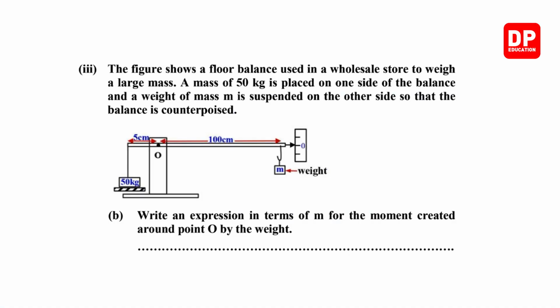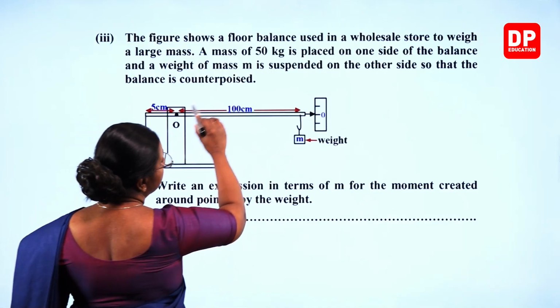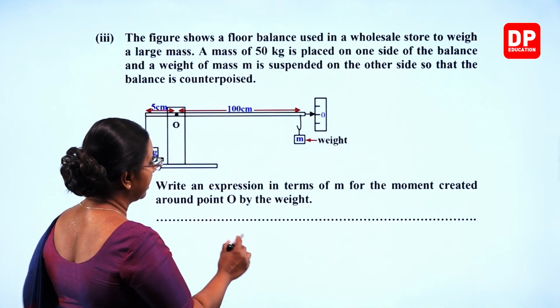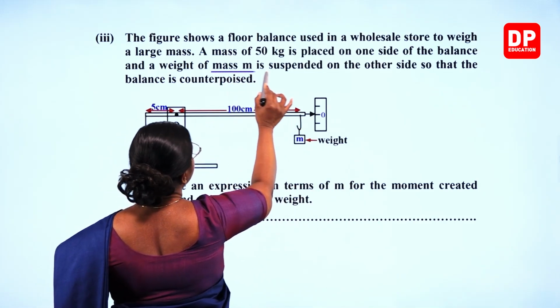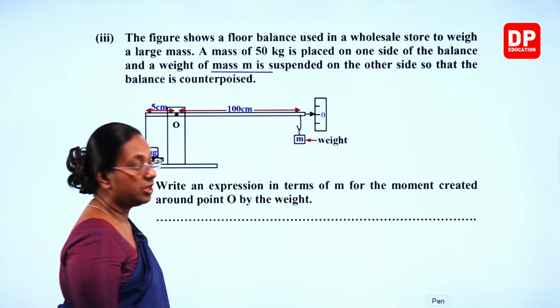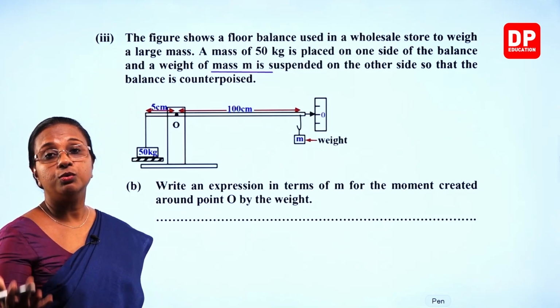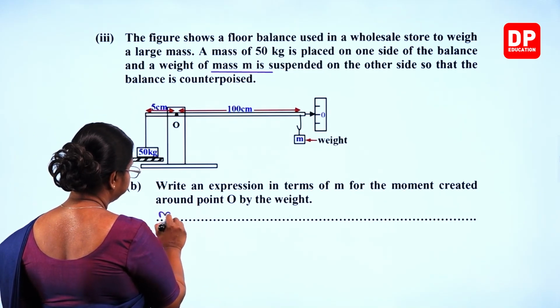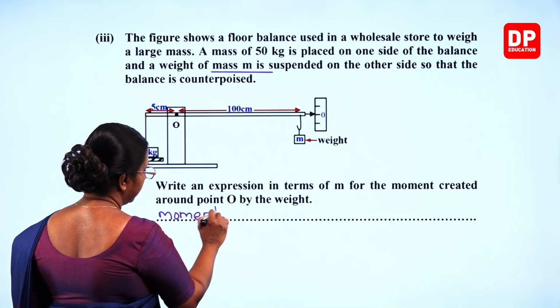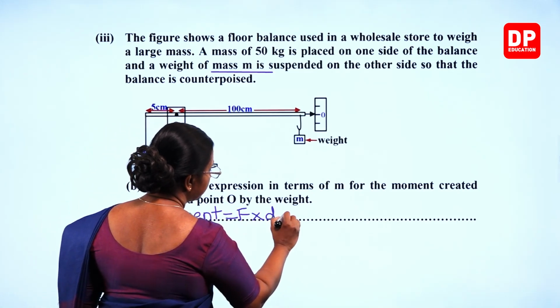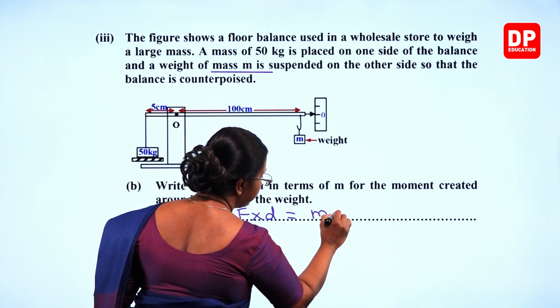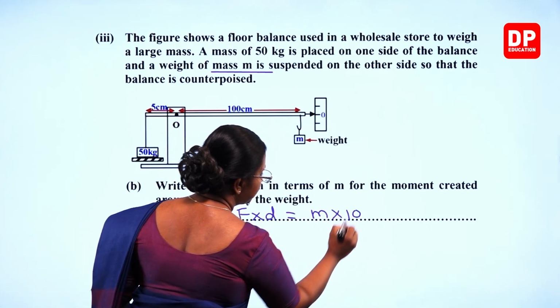Here the same part 3, in that the B part of the question. Write an expression in terms of m for the moment created around point O by the weight. So moment created around O by m. Here you can see it is the mass m, not weight. So here also you need to convert it to weight. So moment equals F into D. So what is F? Mass m into gravitational acceleration 10.